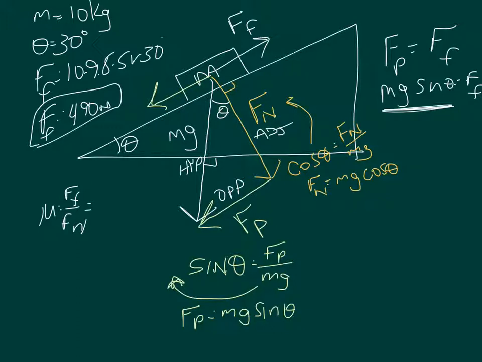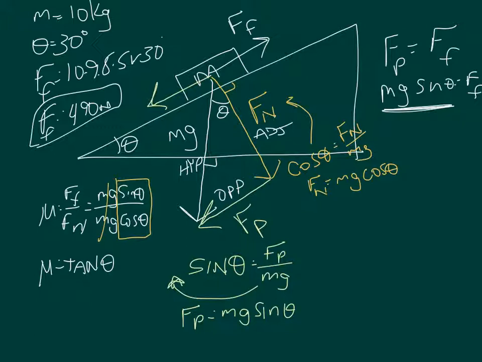It actually simplifies, because if you look at it, it's mg sine theta over mg cosine theta. And sine theta over cosine theta, the mg's cancel, and this is actually tangent theta. So you end up with this equation that says mu equals tangent theta.